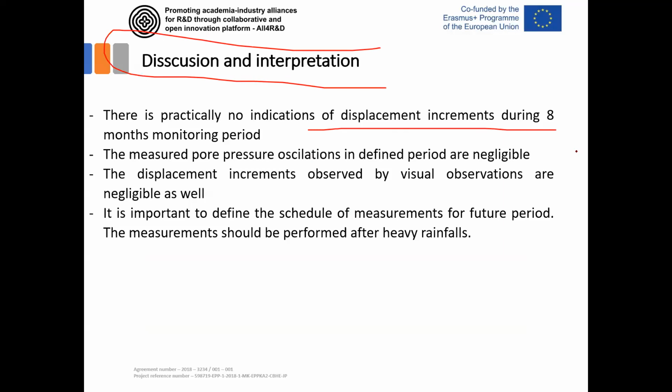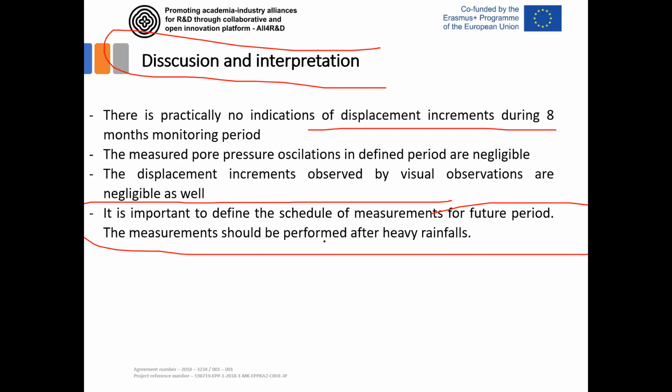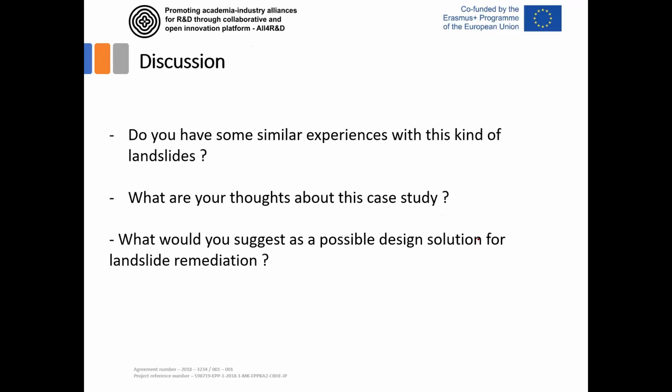And if any sudden increase of horizontal displacement occurs, it's necessary to introduce at least these measures to reduce the possibility of sliding. Of course, the measurements continue, and the measures are always performed after heavy rainfalls and snow melting.